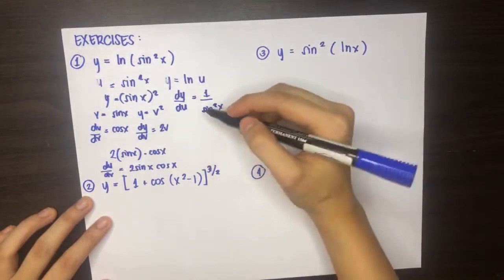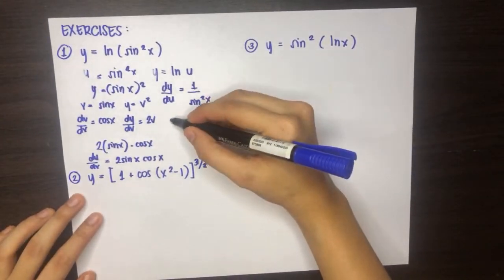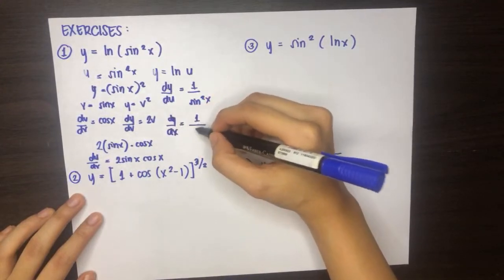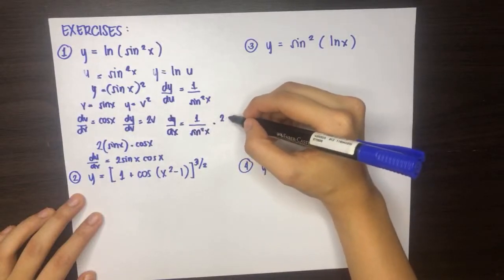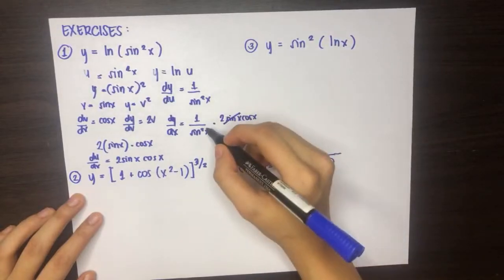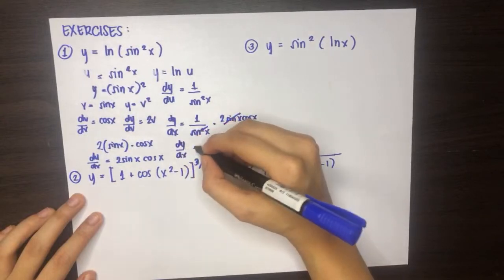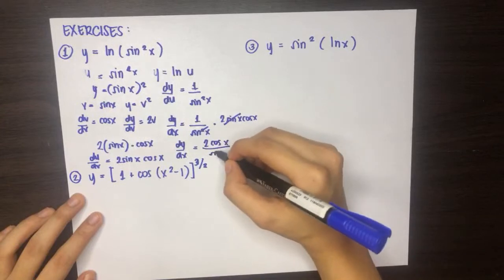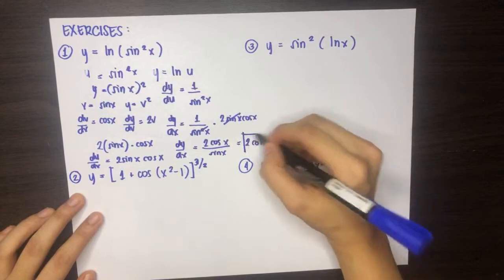So, substituting in the formula, dy over dx, we have 1 over sine squared x times 2 sine x cosine x. One sine x cancels. The final answer is 2 cosine x over sine x, which is 2 cotangent x.